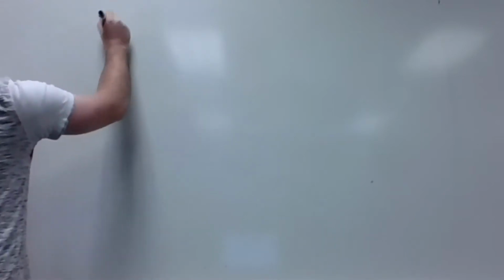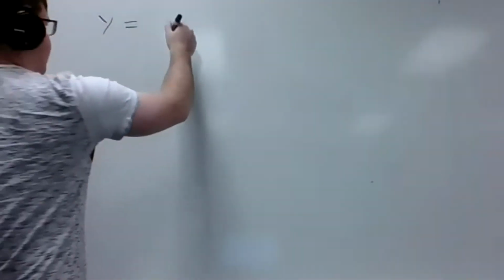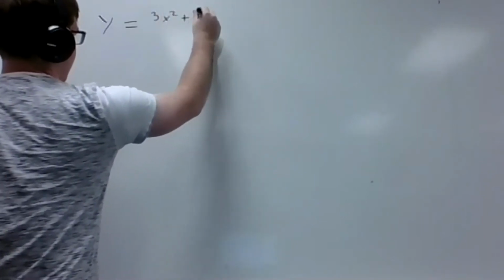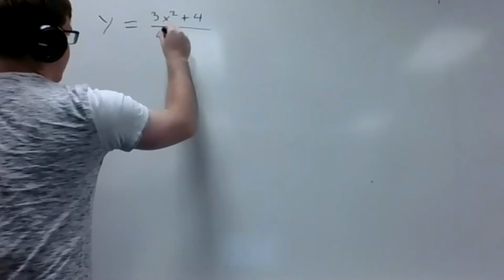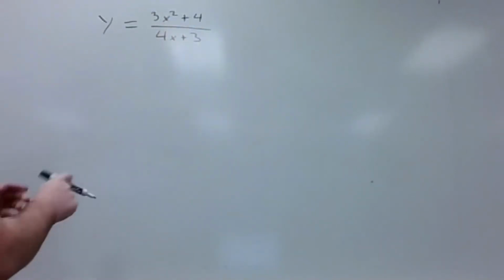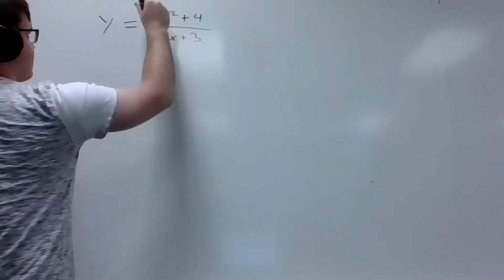So I guess now we'll do the quotient rule. So we first have to have a quotient. So let's just take 3x squared plus 4 over 4x plus 3. So the quotient rule states that we'll take the derivative. So this is one function.